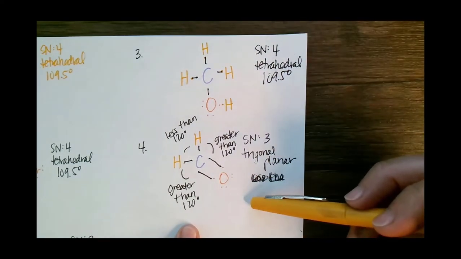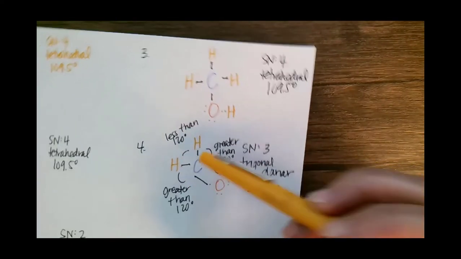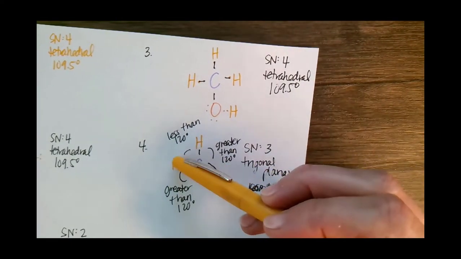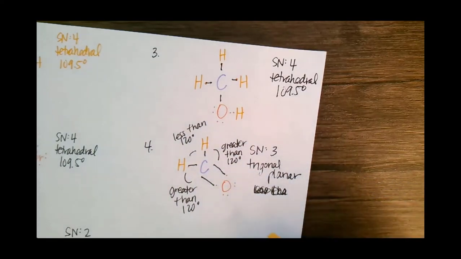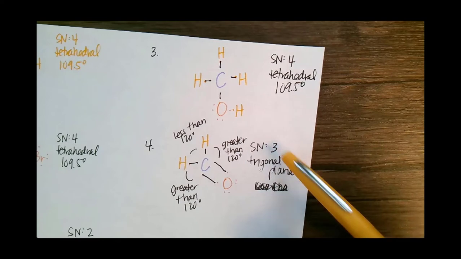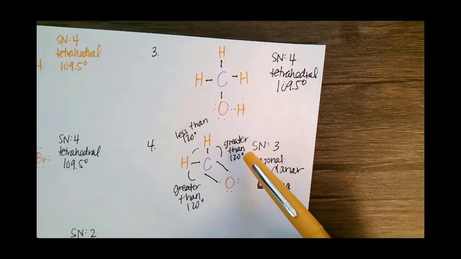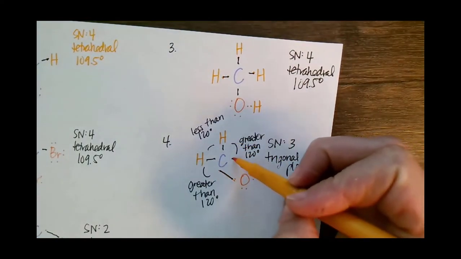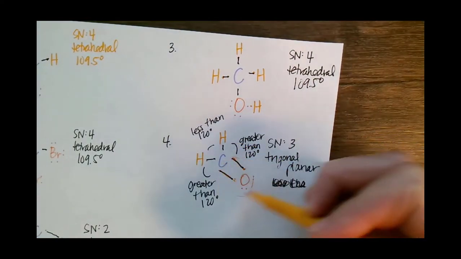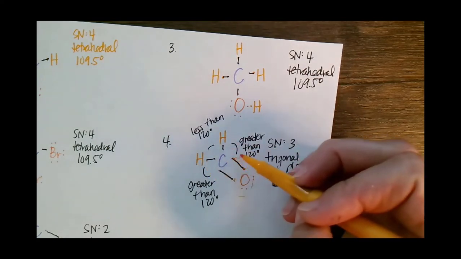For this one, the CH2O, notice I've got my 4 around carbon, 2 are hydrogens, and a double bond to the oxygen. So we've got a steric number of 3. It's trigonal planar. And for our bond angle, we know that this massive amount of electrons in this double bond is going to push those hydrogens down lower.